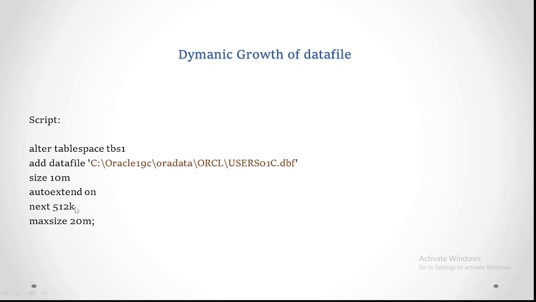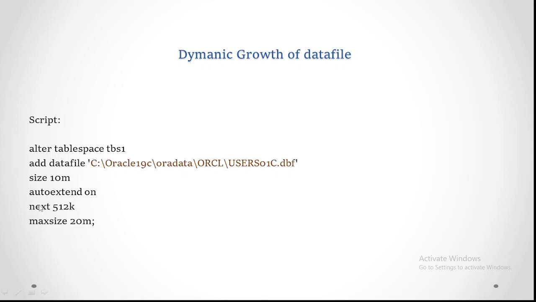M is MB here, K is KB. So till the max size we need to take care of this, because we do not want all the space of the database to be consumed by our data file. We need to be sure that this is large enough to handle the data but not consuming the whole database. So we need to take care of these parameters.